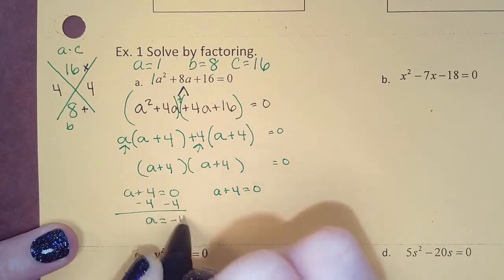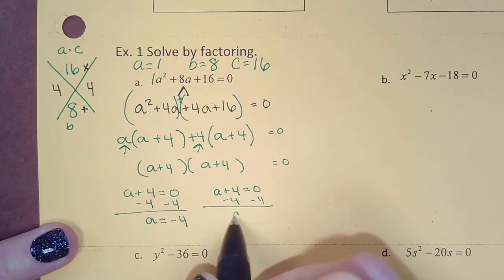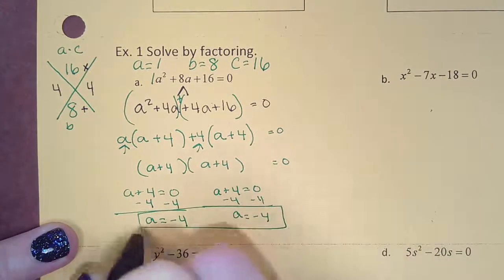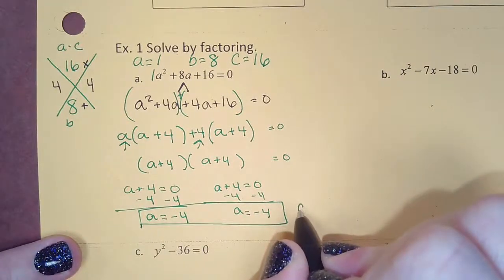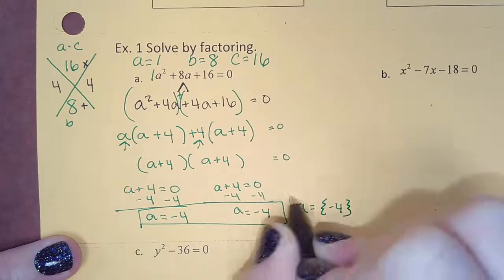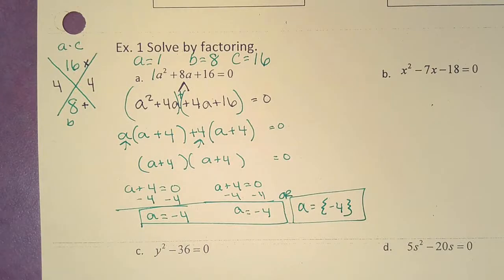A equals negative 4. Subtract 4 on each side. A equals negative 4. So these are our answers. Since they're the same number especially, they can be written as A equals negative 4 in set notation. So these little squiggly brackets mean the set of numbers. And because it's the same number, I only have to write it once.